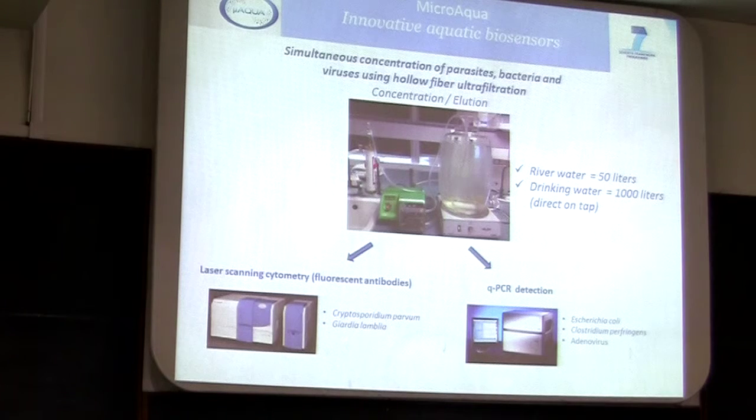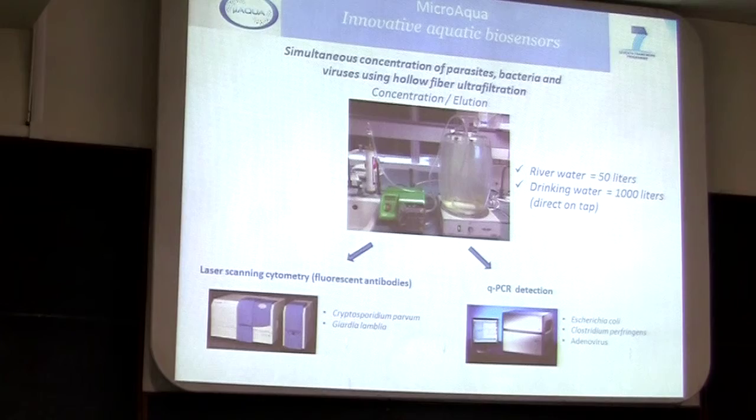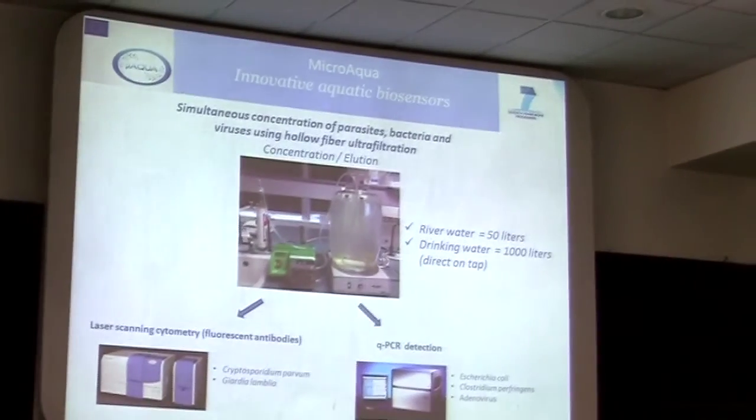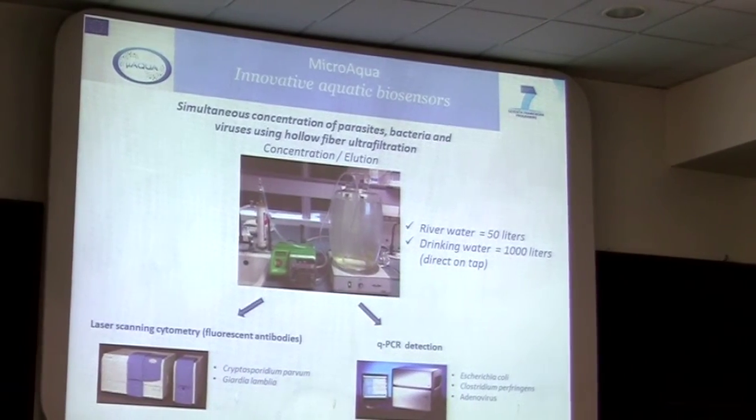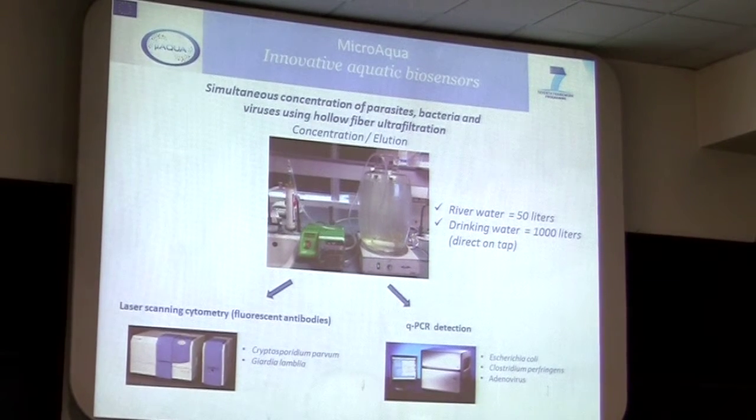All these microorganisms were concentrated using a concentration elution method, which allows the simultaneous concentration of parasites, bacteria, and viruses. 50 liters of river water were concentrated and 1,000 liters for drinking water, using hollow fiber filtration on a cartridge.